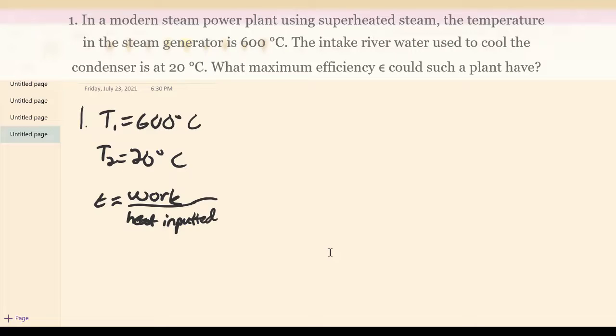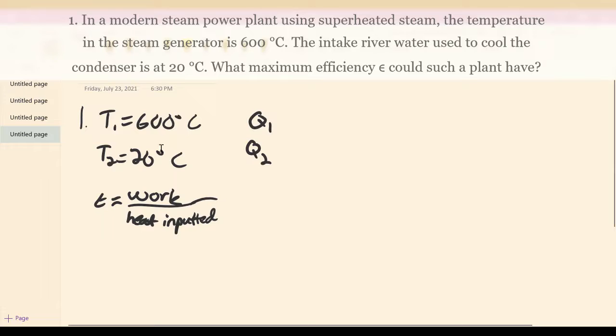I probably don't have the time to go into too much detail about all of the stages, but basically there is this heat inputted at the beginning of the cycle, which we call Q1, and then some heat Q2 is removed during the second stage.